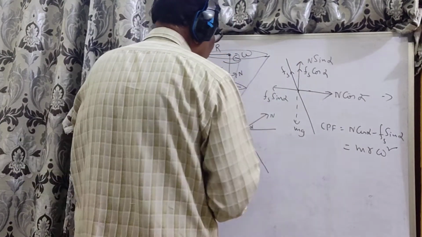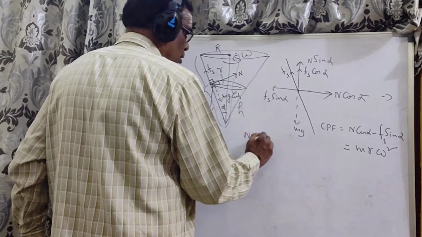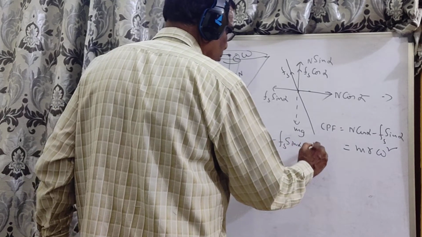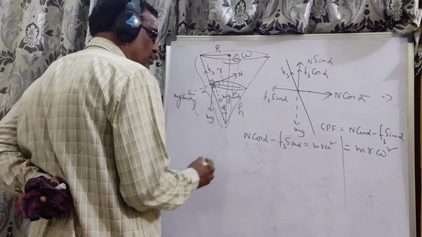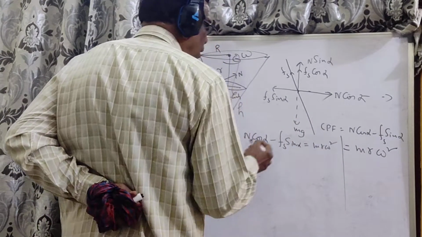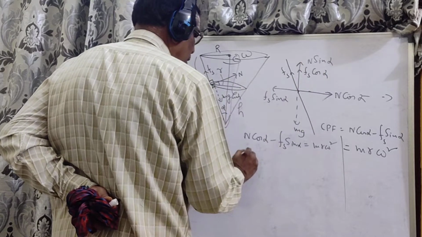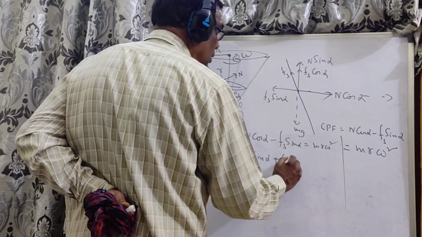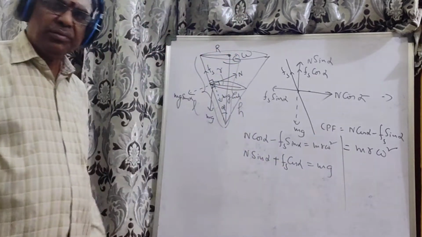And in this direction, what are you getting? I'll rewrite that here. N cos alpha, okay, and then this one, this is N sin alpha plus Fs cos alpha is mg.